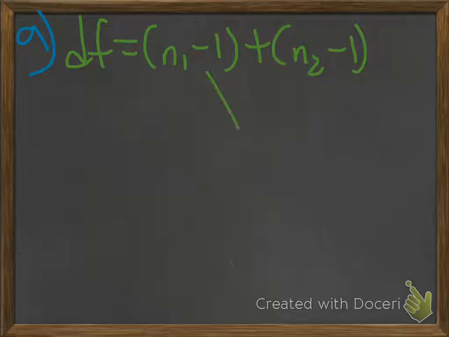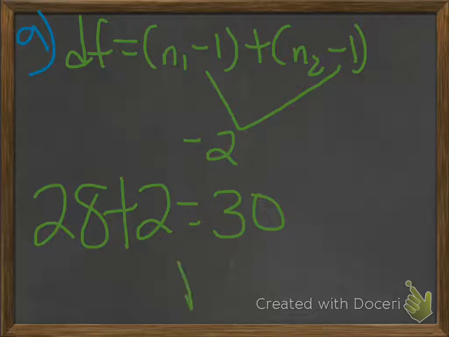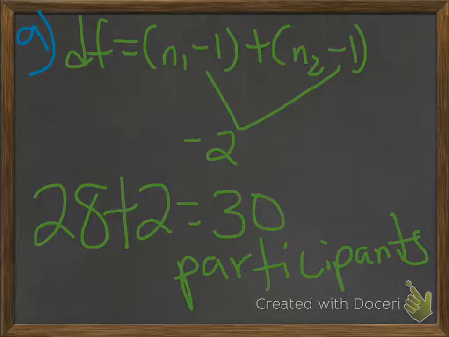So you see that you took away 2 points. So just add 2 points to your 28, and that equals 30 participants. It's like going backwards.